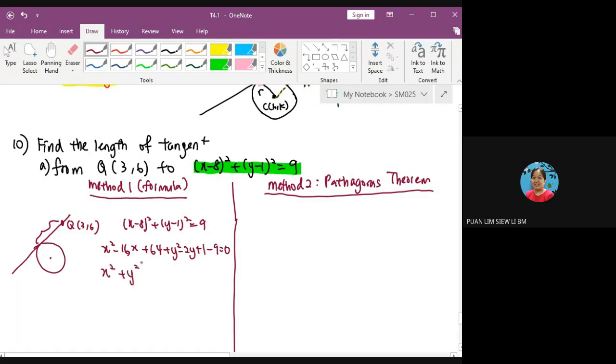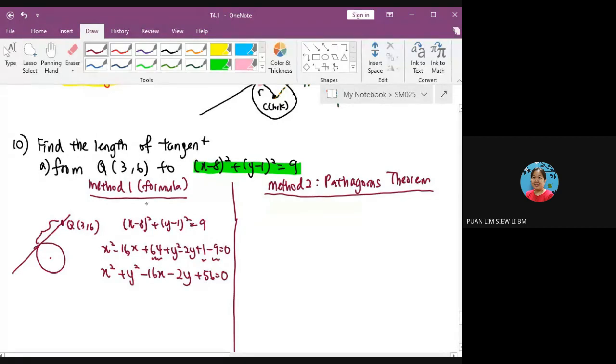Then we rearrange our equation of the circle in order x, y, followed by the constant. So negative 2y, the constant will be 64 minus 9 plus 1, 56. So that is our equation.